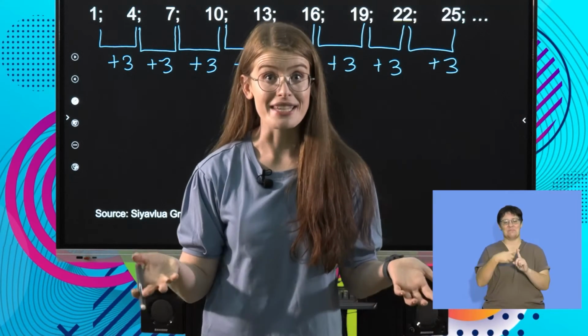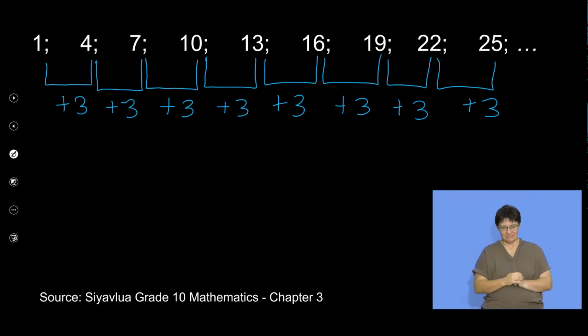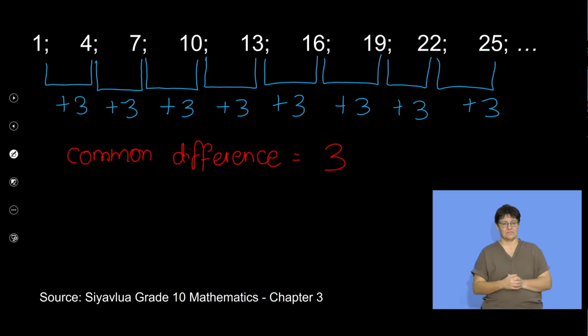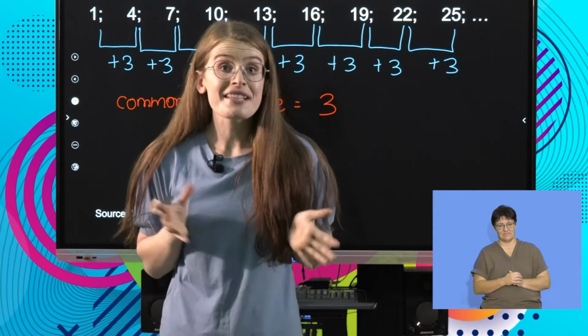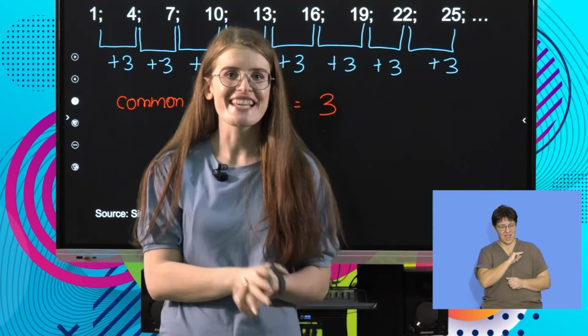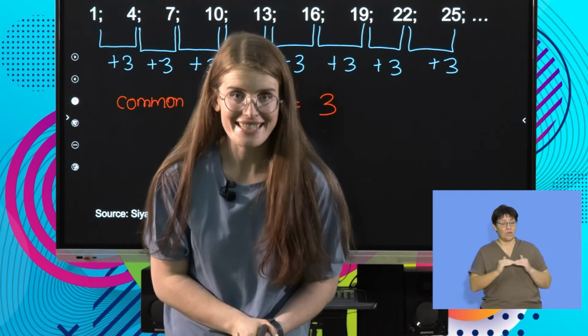Positive 3. So let us write that down. Our common difference is 3. Because I have a present common difference, it is a linear sequence.